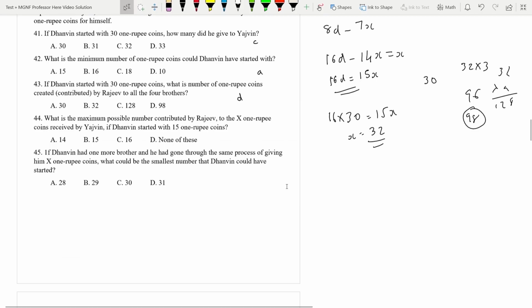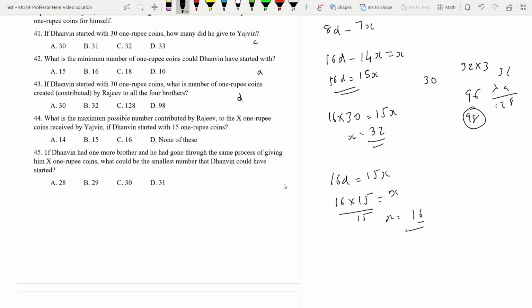Question number 44. What is the maximum possible number contributed by Rajiv to the X 1 rupee coins received by Yajvin if Dhanvin started with 15 1 rupee coins? Alright. So again, you take the equation 16D is equal to 15X. Here he starts with 15 coins, which means 16 into 15 is equal to X into 15. You can get X is equal to 16.